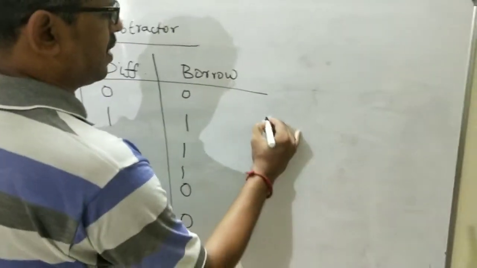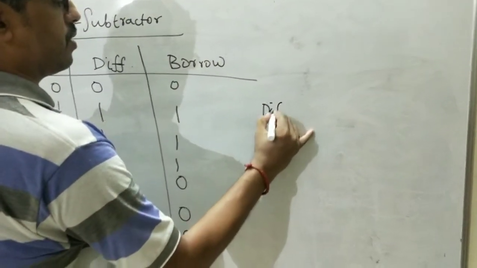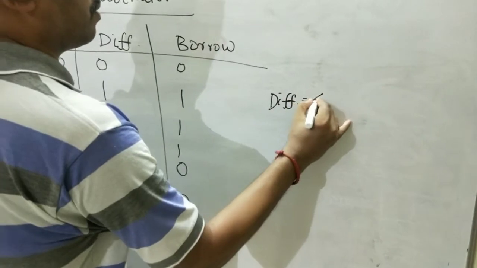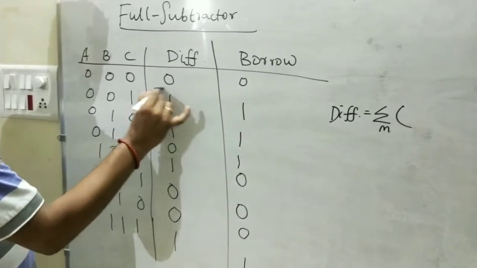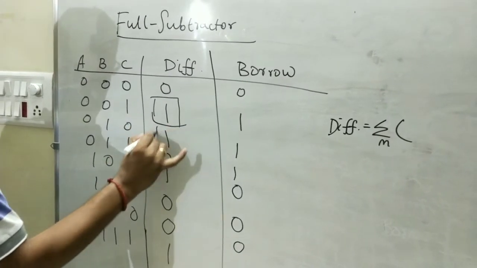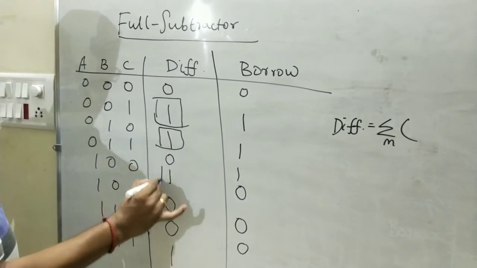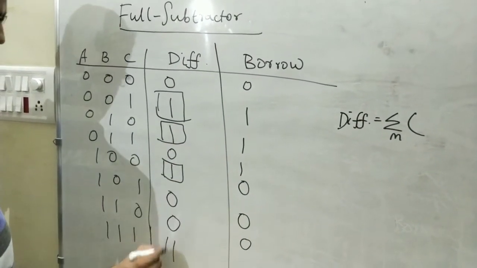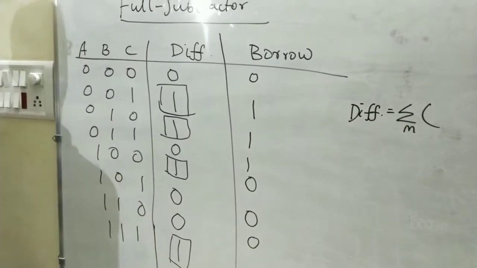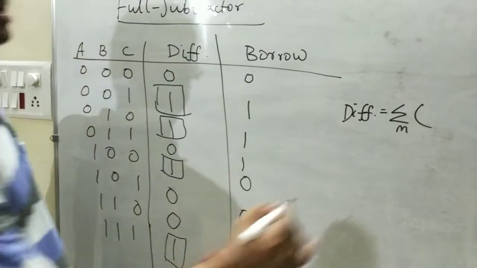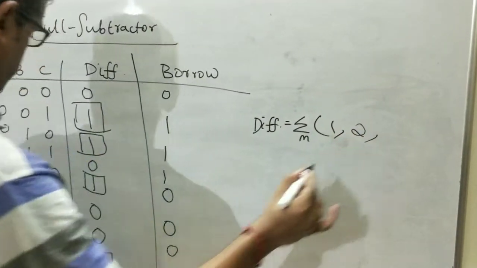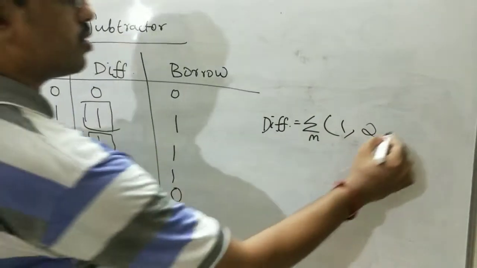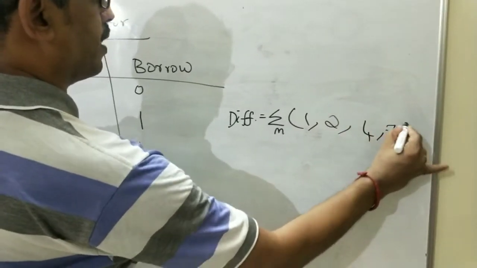Okay. For difference, what is the value? This one, and this one, right? So what is that? 0, 0, 1 is nothing but 1, and 0, 1, 0 is nothing but 2, and then 4, 7.